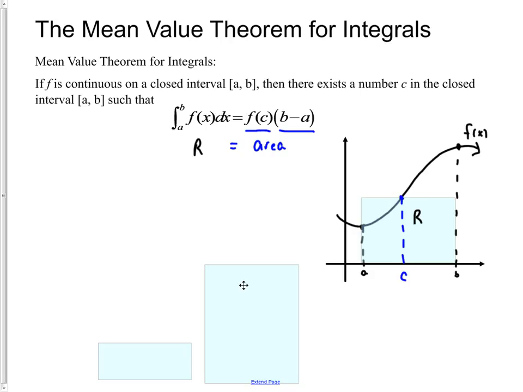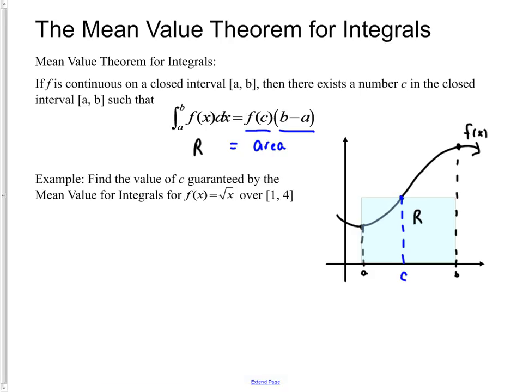Let's check something out here. Let's try this out. Let's say we're asked to find the value of c guaranteed by this mean value theorem of f of x equals the square root of x on the interval from 1 to 4. All right, so what are we guaranteed to find?